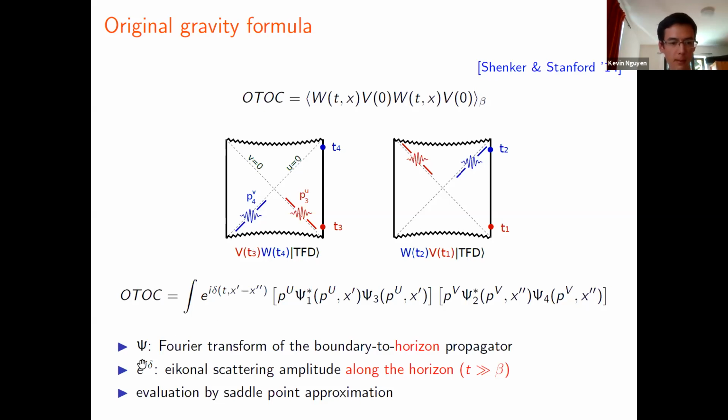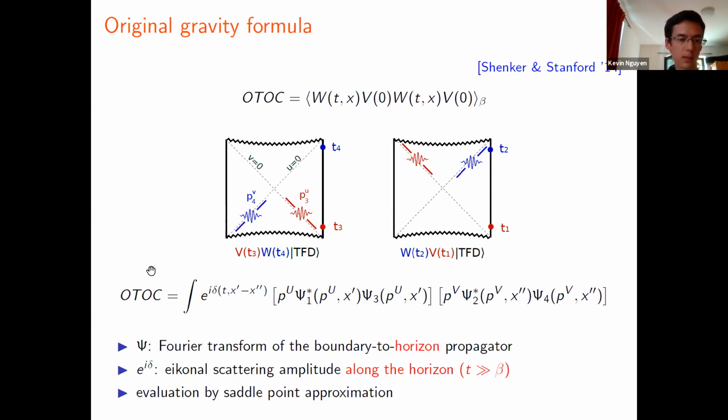Okay, and the transition amplitude is simply given by this eikonal phase factor in the high energy scattering limit. Perhaps one comment that may be important is that this formula assumes that the time separation on the boundary is very large compared to the inverse temperature. Otherwise, you wouldn't expect the scattering to happen at the horizon itself. It would happen somewhere in the bulk, but away from the horizon.